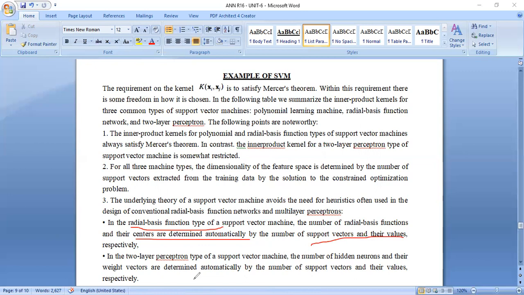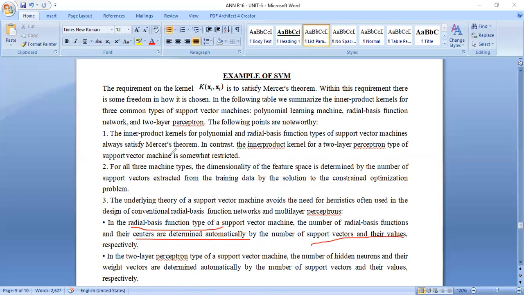Okay, directly the support vectors which are formed in the training data set, those support vectors and their values determine the centroids or centers of a radial basis function automatically.